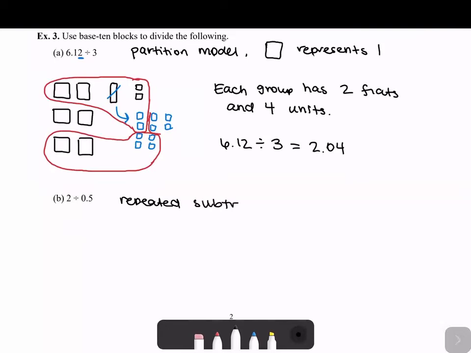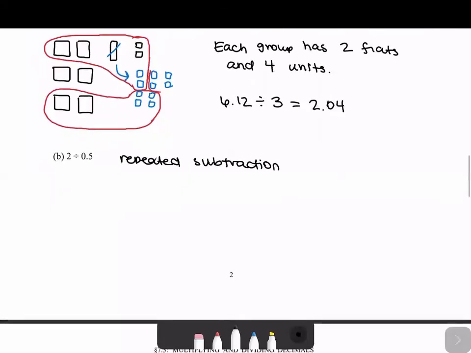We're going to use this repeated subtraction model. So we're going to represent 2 with a flat. So in this case, we're also going to have a flat represent 1.